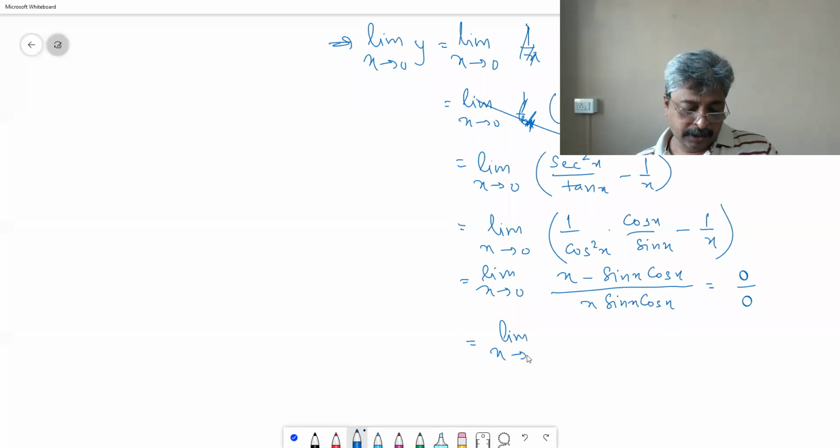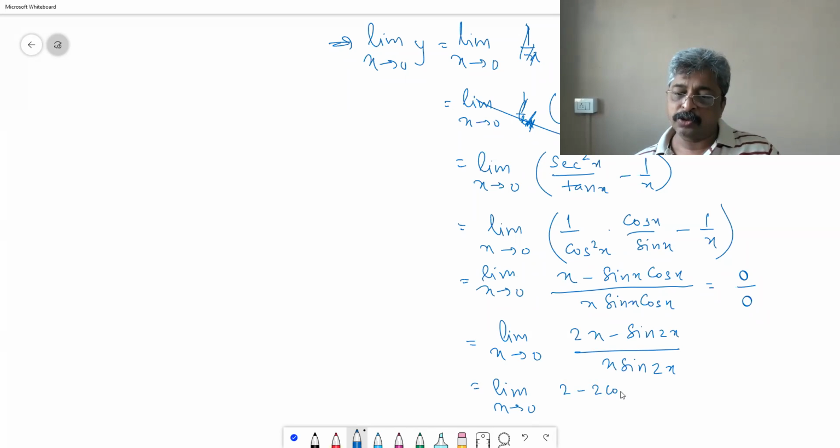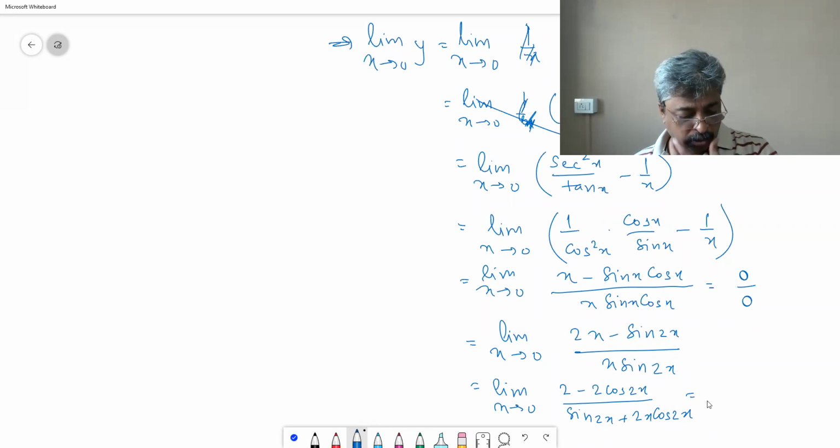Limit x tends to 0 2x minus sin 2x upon x sin 2x, which is equal to limit x tends to 0 2 minus 2 cos 2x upon sin 2x plus 2x cos 2x, which is equal to 4 sin 2x upon 4 cos 2x minus 4x sin 2x.